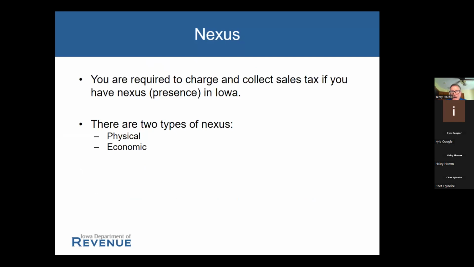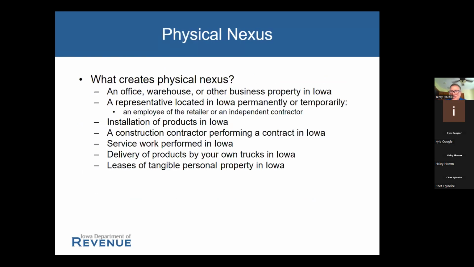And if you've been in the sales tax business for a while, you might recall that we used to only have physical Nexus. And physical Nexus is pretty straightforward. I don't want to minimize it because there can be complicated situations that come up and maybe it's not so clear. However, some examples of things that create physical Nexus.